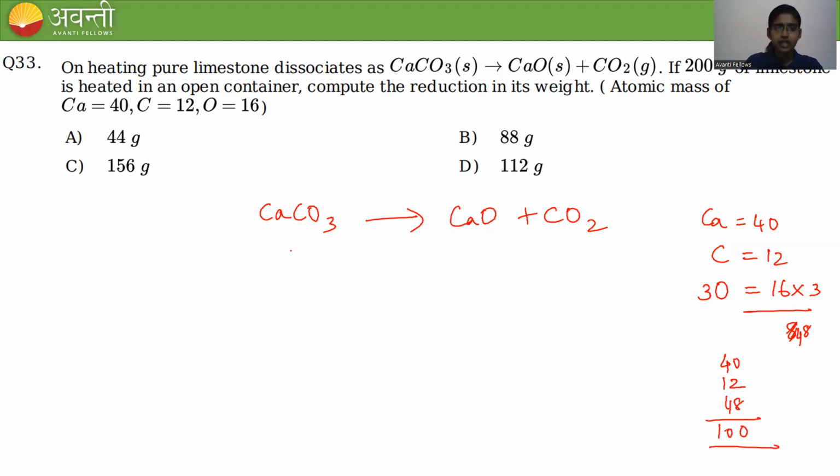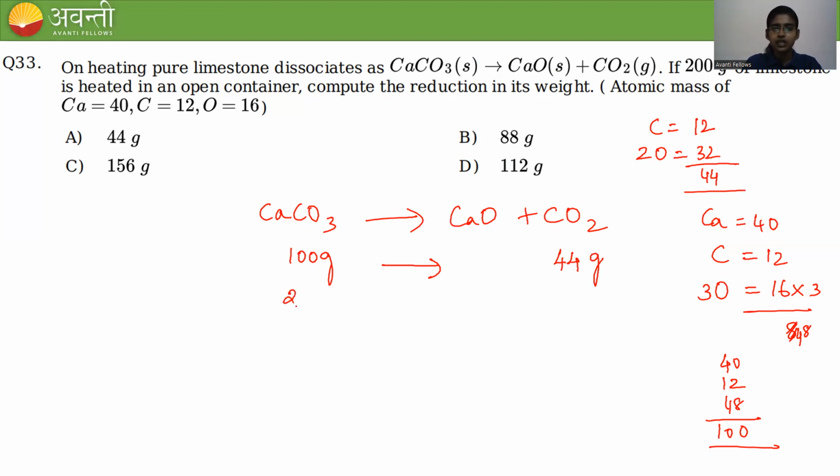So 100 gram of CaCO3 produces how many grams of carbon dioxide? To calculate the molecular mass of carbon dioxide, carbon is 12 and we have 2 oxygens, so 16 into 2 is 32, and the molar mass of carbon dioxide is 44. So 100 gram of CaCO3 produces 44 gram of CO2.